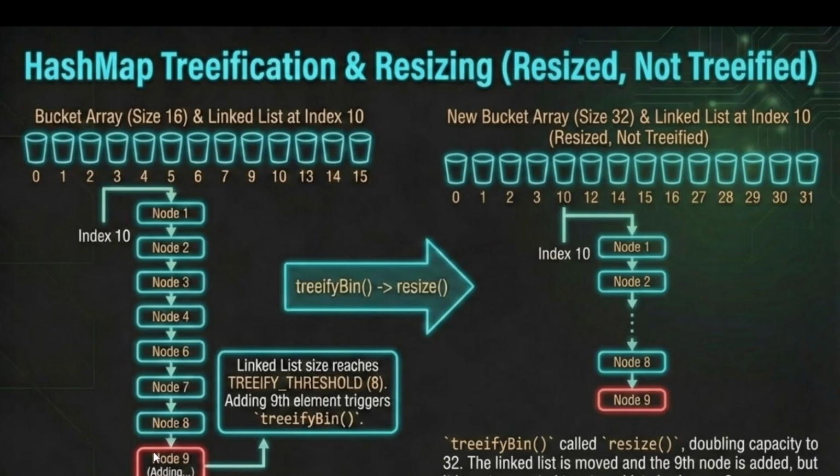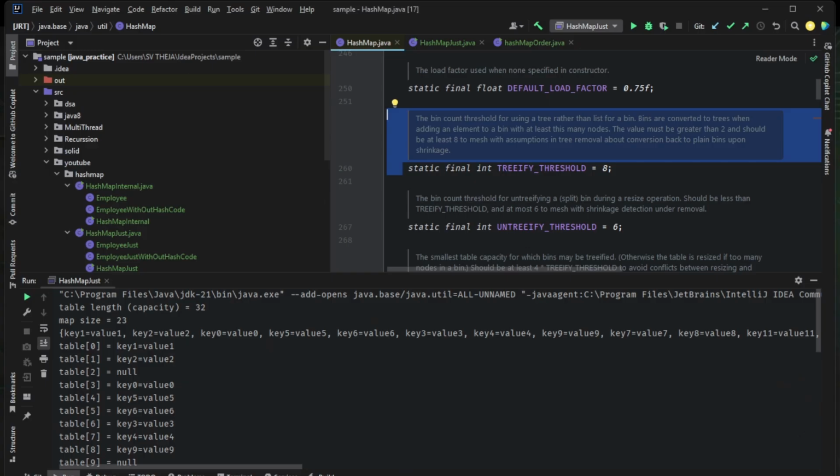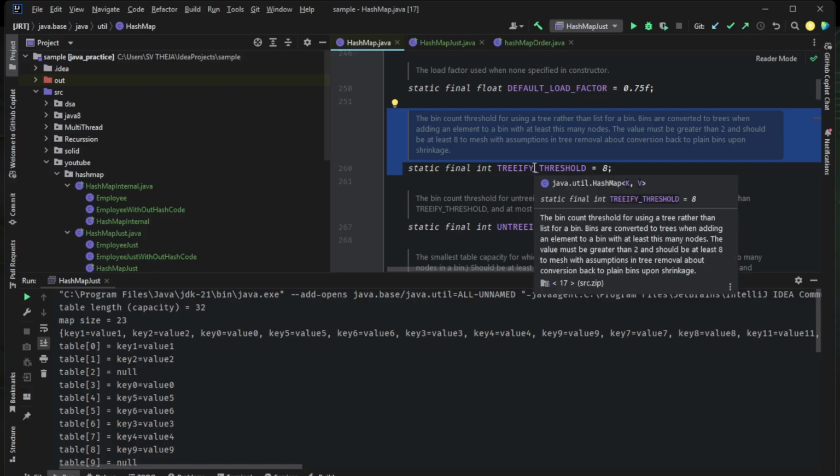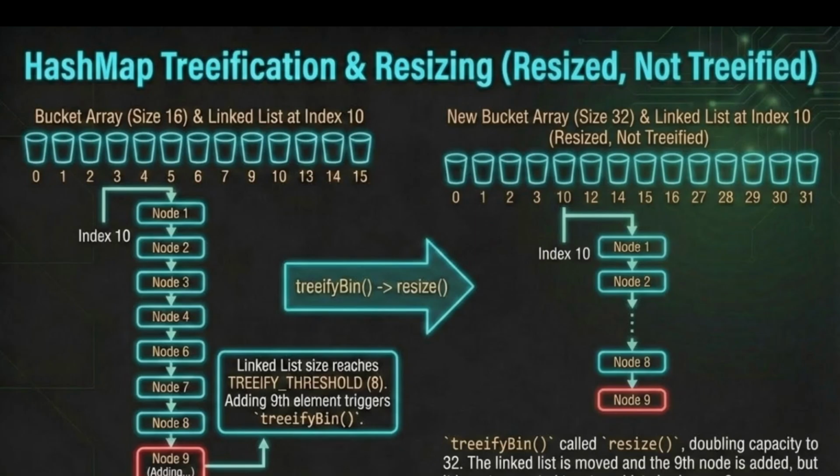Whenever the threshold is reached in this linked list, this is called the Treeify threshold. Whenever we have reached this, it should go to a tree. That's what they call the Treeify threshold. But still, if you see here, it is not converting to a tree. It is still a linked list.